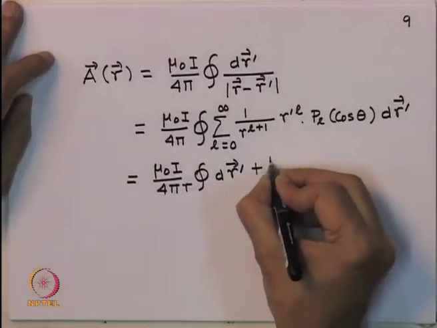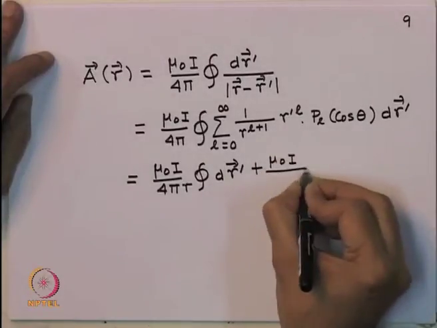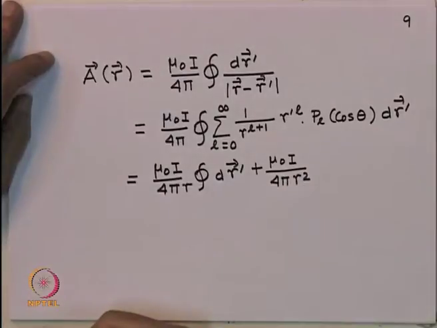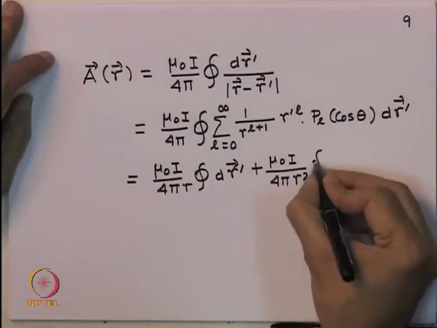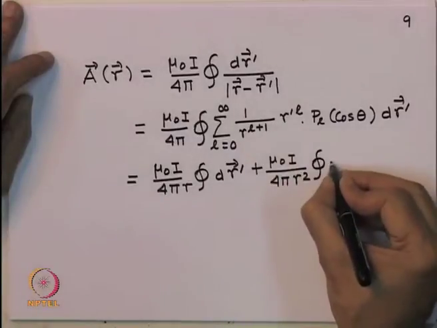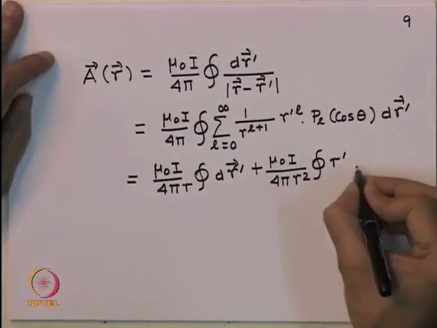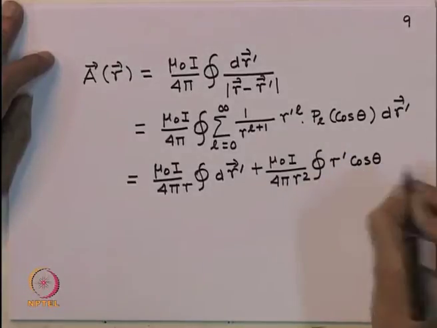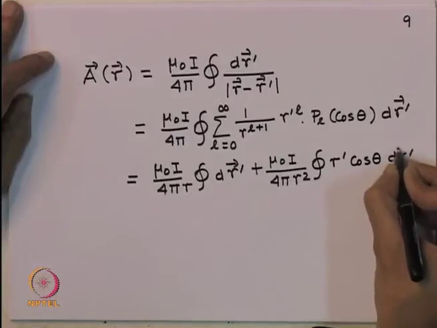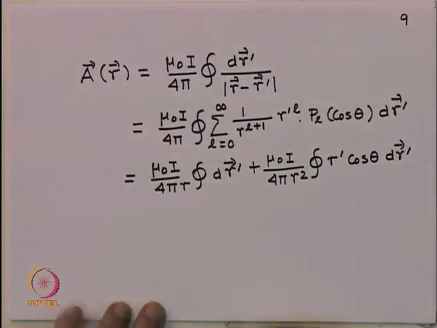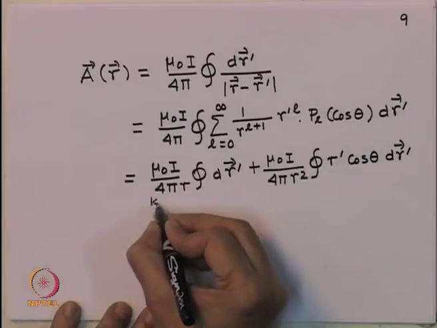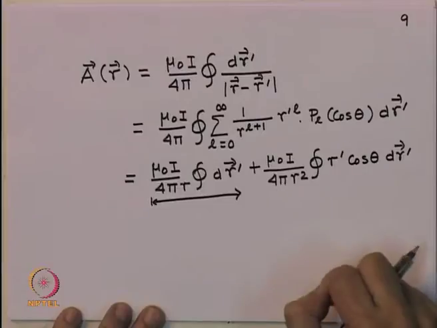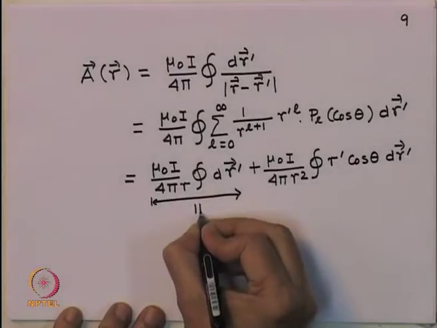The second term is mu 0 I by 4 pi, L equal to 1 is 1 over r square, loop integral of r prime to the power L, which is just r prime, P 1 cos theta is just equal to r prime cos theta, and dr prime. Notice the first term is the integral of a vector in a closed loop. So, it is equal to 0.